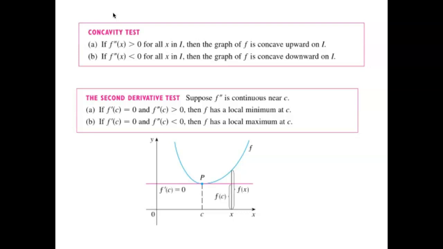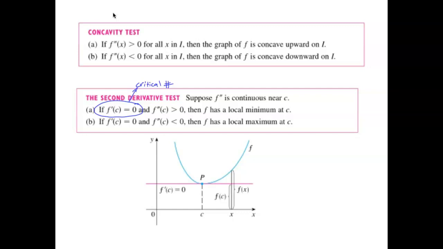Another way to do it that's sometimes faster, because you can use your calculator oftentimes to do this, is the second derivative test. So if you have f prime equal to 0, so critical value, remember we call that a critical number, at c, and you know that the second derivative is positive, that means the graph must be concave up, right?